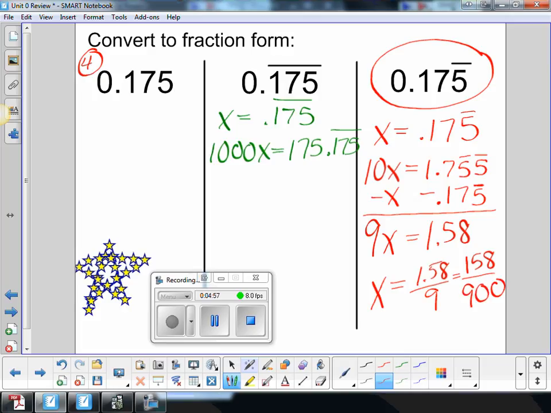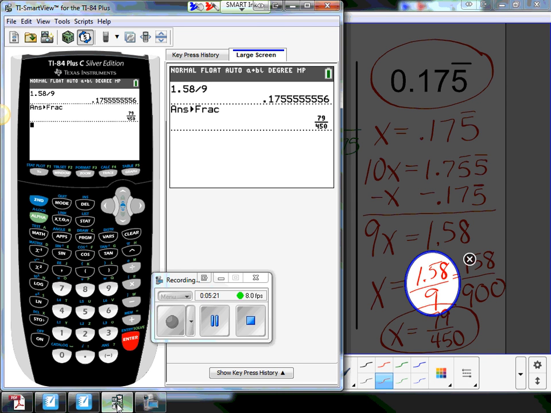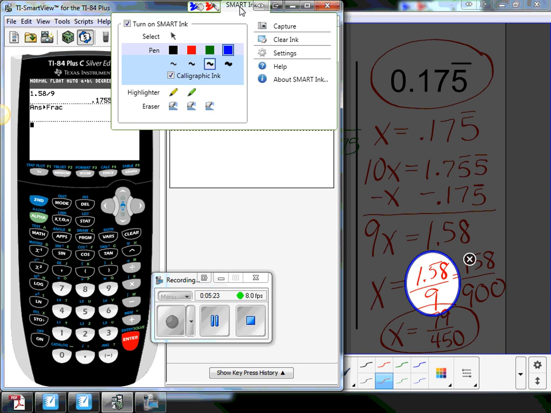158 over 900 that reduces to 79 over 450. Because both of those numbers are even, you can cut them in half. Now, right at this point here, you could have done this, if you'd like me to show you a little shortcut.